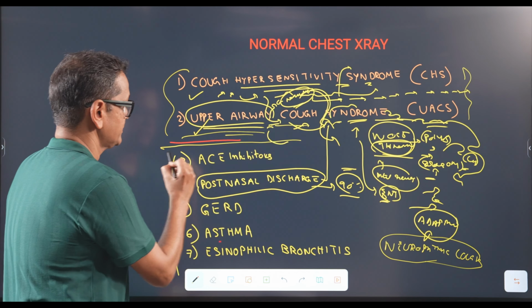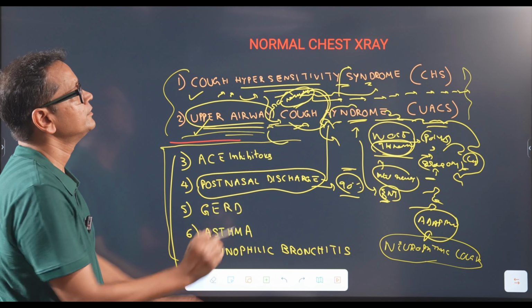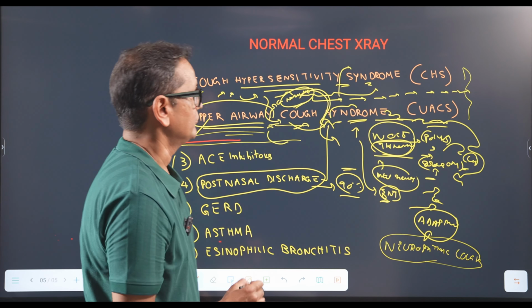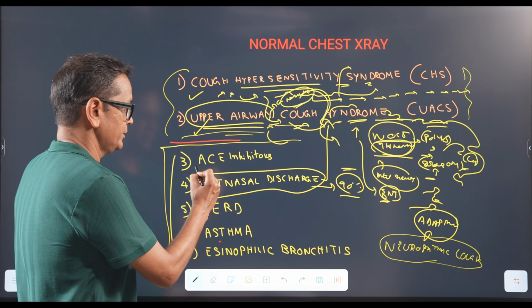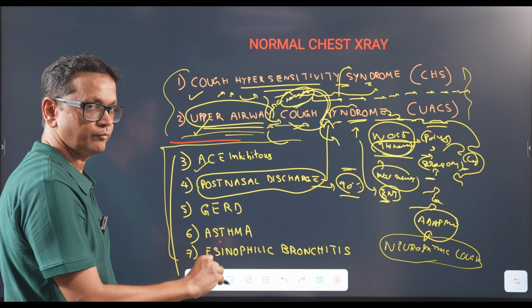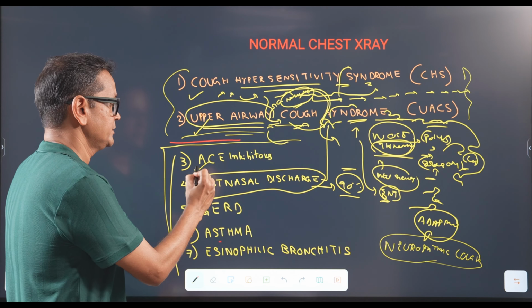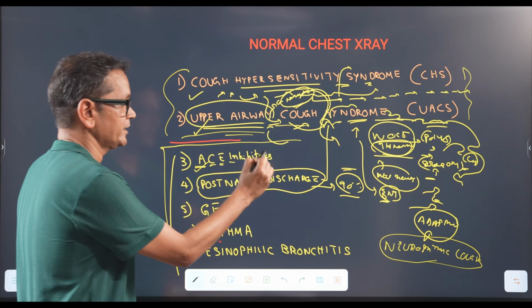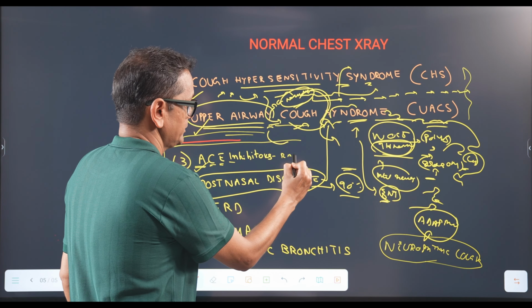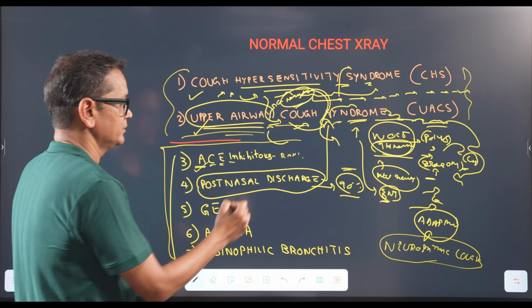Here comes the classical description of etiologies of chronic cough with a normal chest radiograph. Drugs, most commonly ACE inhibitors, angiotensin converting enzyme inhibitors like ramipril, captopril, lisinopril.